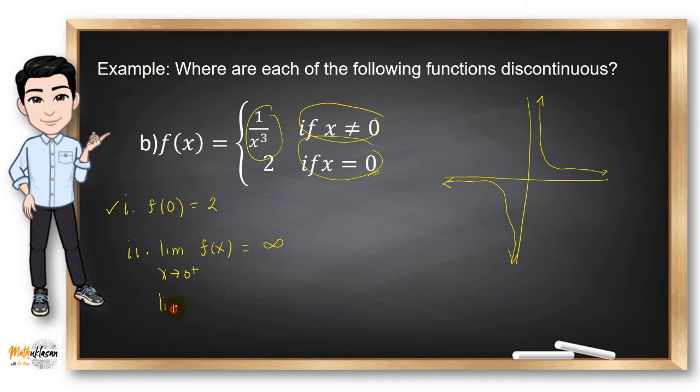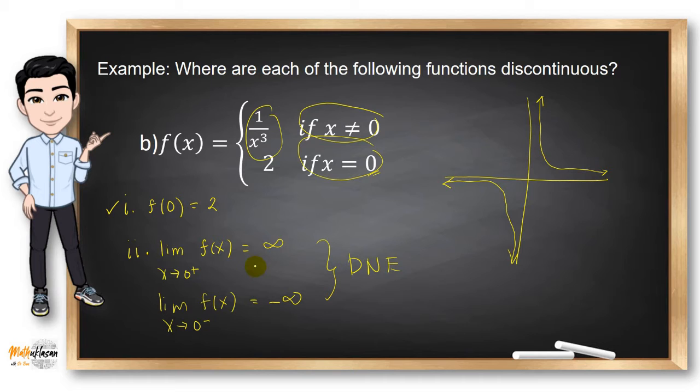Then, pag kinuha natin yung limit ng f of x as x approaches 0 from the left, then it's what? Negative infinity. So therefore, the limit of this does not exist kasi hindi equal yung left hand tsaka right hand limit natin. Kung gusto nyo balikan yung lesson nito, check nyo lang yung video ng about sa infinite limits.